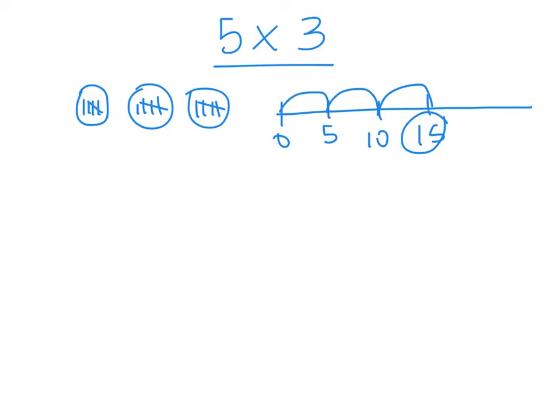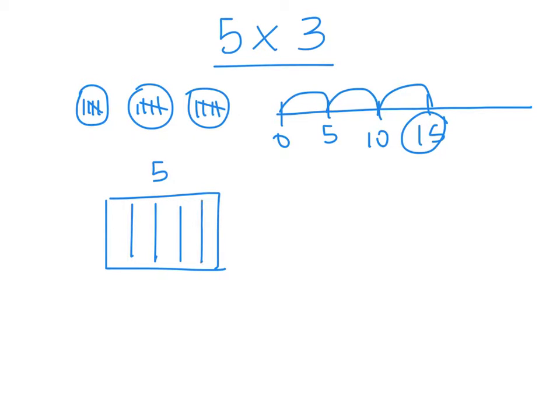I could draw an array where I have 5 on this side, and I have 3 on this side, and I would have a product of 15. We could do the standard algorithm. We could say 5 times 3 is 15. And we can even look at the fact families for this.